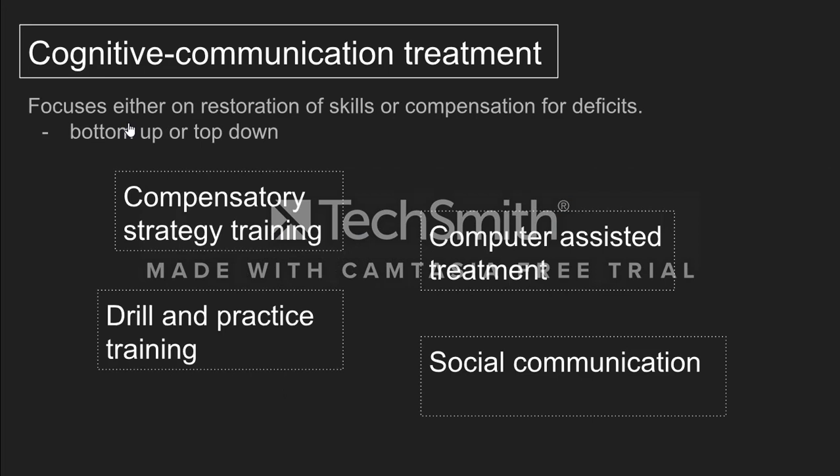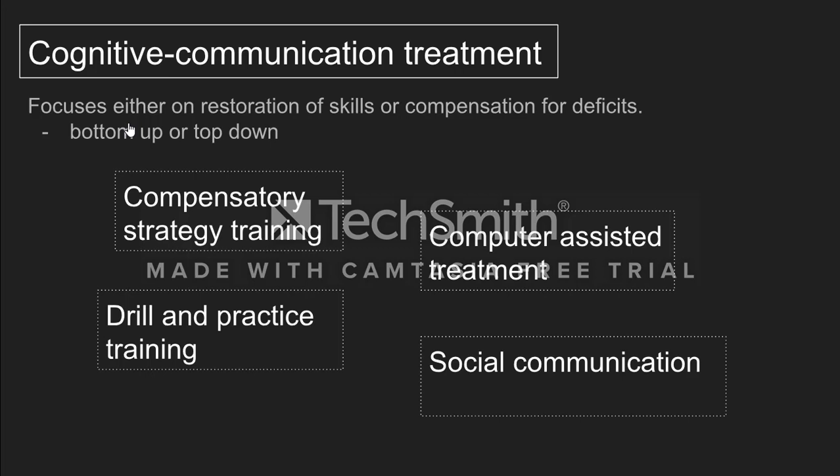So the treatment for cognitive communication impairments will focus either on restoration of skills or compensation for deficits. And this can either be done in a bottom-up fashion, where basic skills build to more complex processing, or a top-down fashion where complex skills are trained to strengthen underlying basic skills. Compensatory strategy training modifies the environment to maximize the skills of the individual, and might include something like memory aids, calendars, or imagery association.